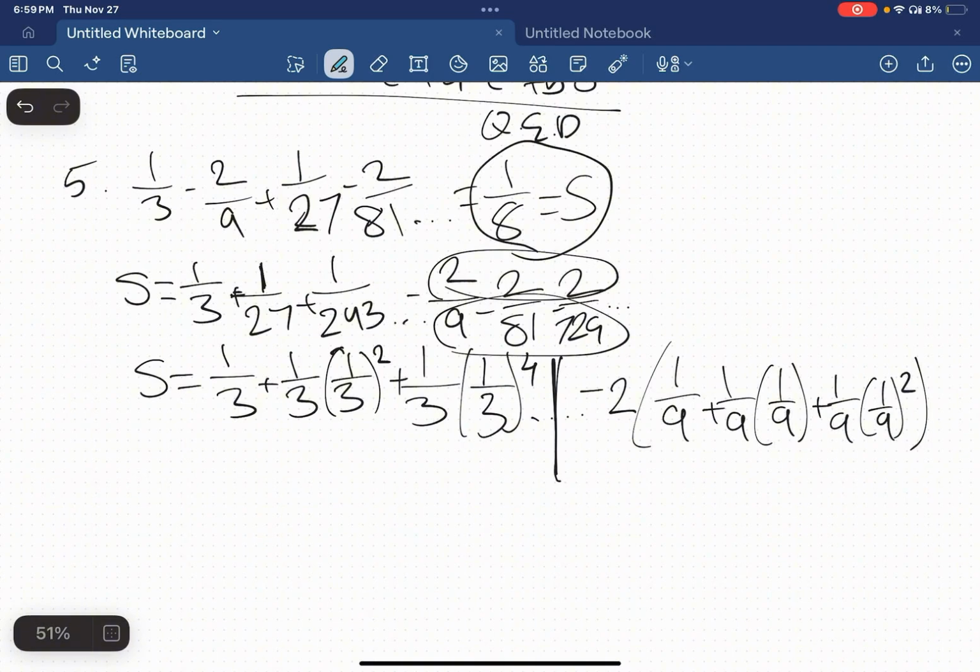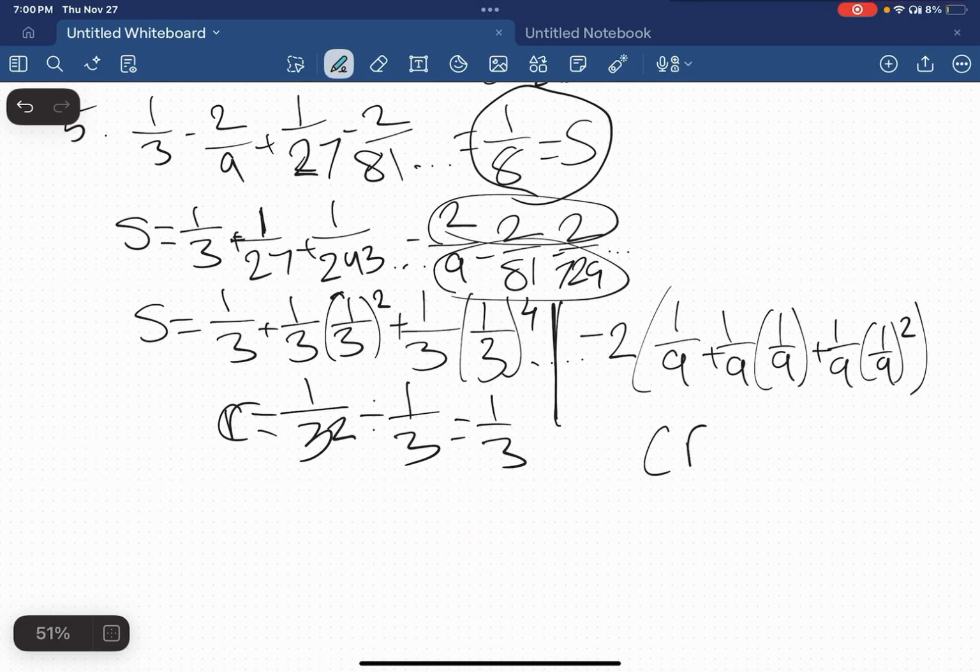So we know that the common ratio for our first one is going to just be 1/3 squared divided by 1/3, which is equal to 1/3. Then our common ratio here is going to be 1/9 squared divided by 1/9, which is equal to 1/9.